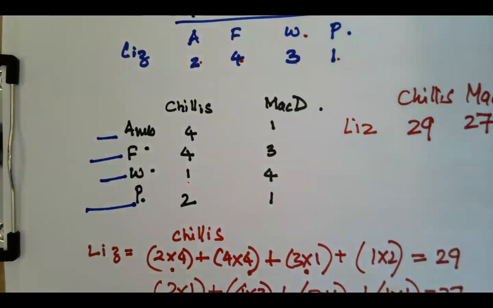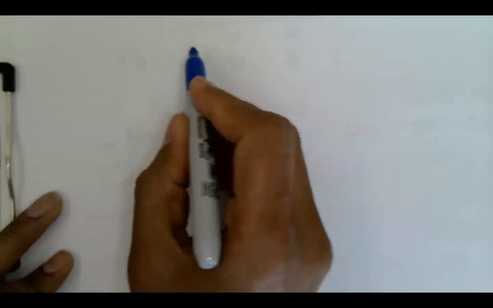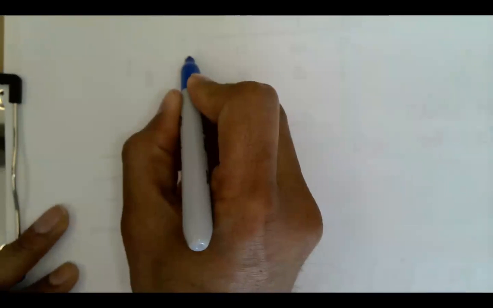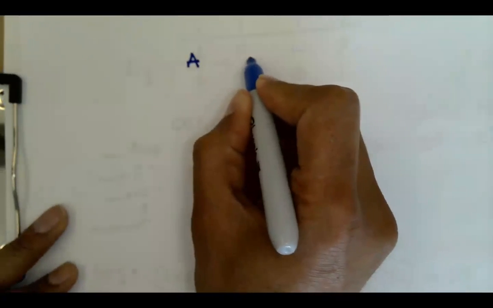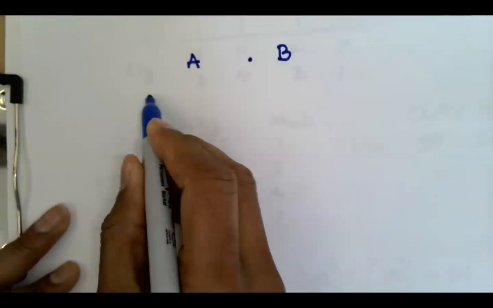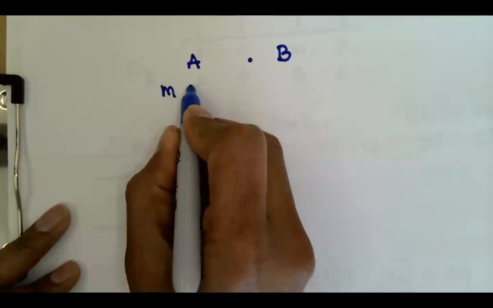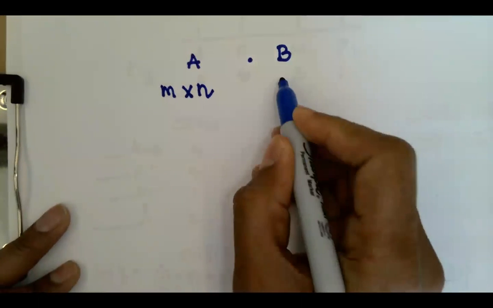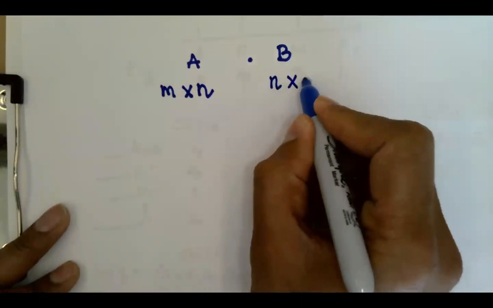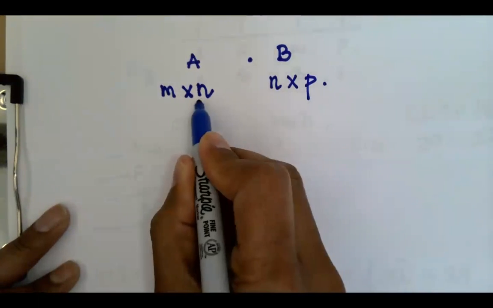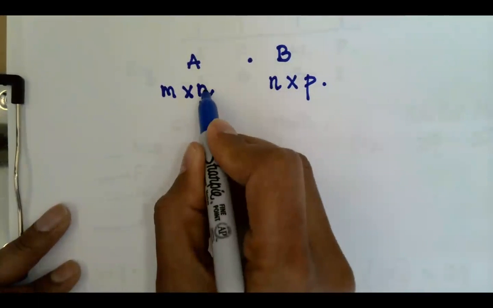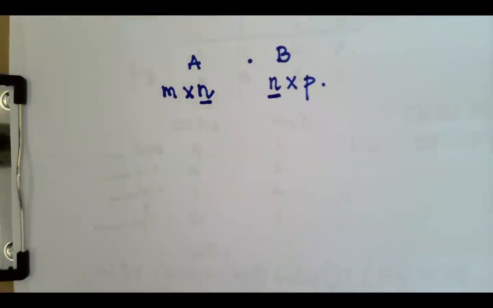Essentially, if we have two matrices, let's say matrix A, and we're trying to do a dot product with matrix B, if the dimensions of the first matrix are m comma n, the second matrix has to have n comma p. So basically, the number of columns in matrix 1 has to match the number of rows in the second matrix, matrix B.